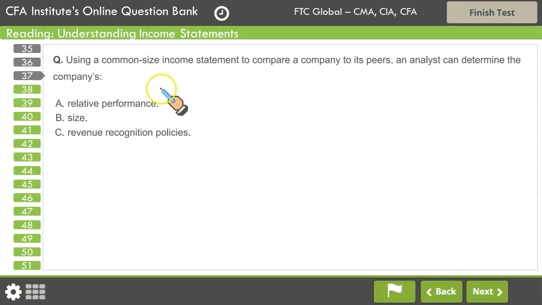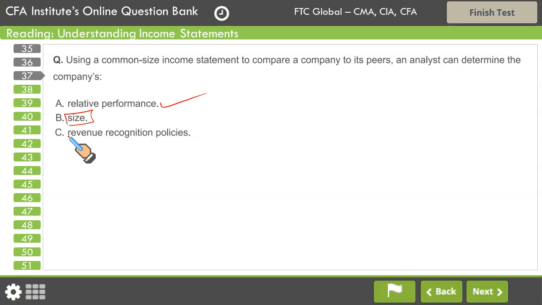Okay, next, using common size income statement to compare a company to its peers, an analyst can determine companies' relative performance. When we compare two businesses of dissimilar size using common size financial statements, an analyst can determine a company's relative performance with its competitor. If you want to see the size, then there is no point in converting your financial statements into common size.